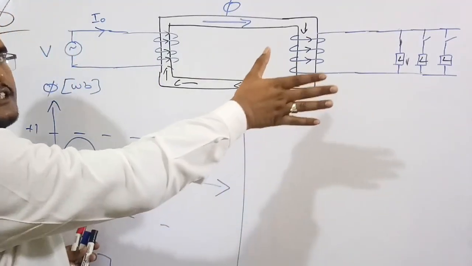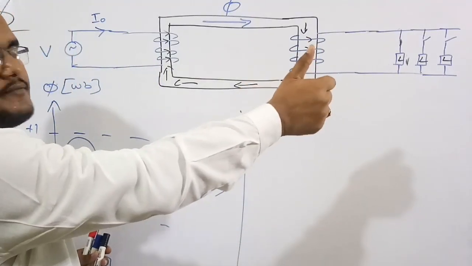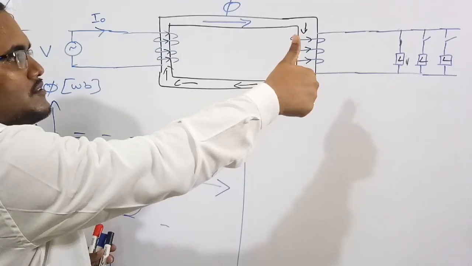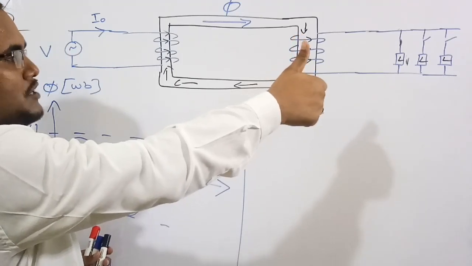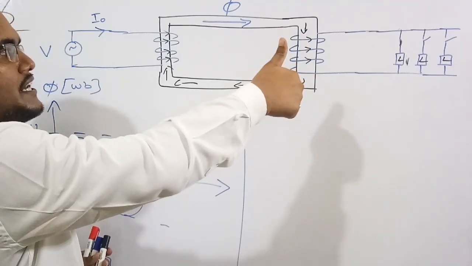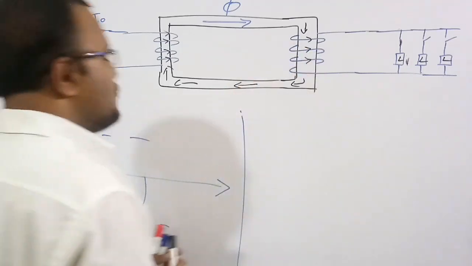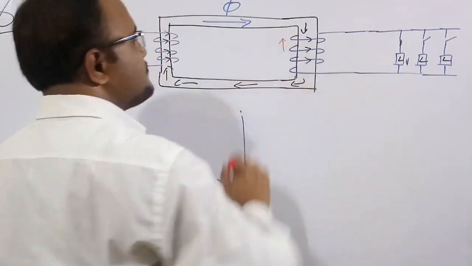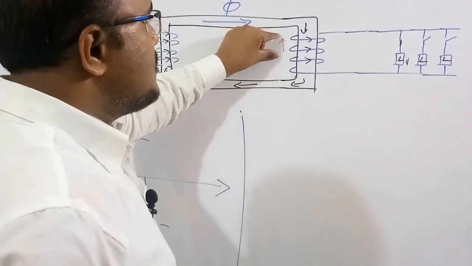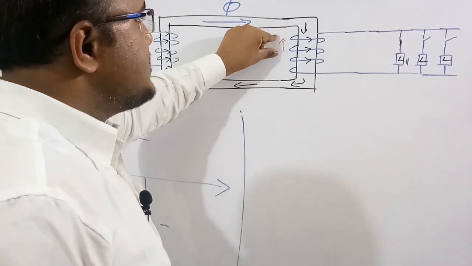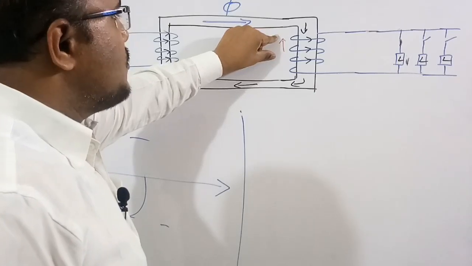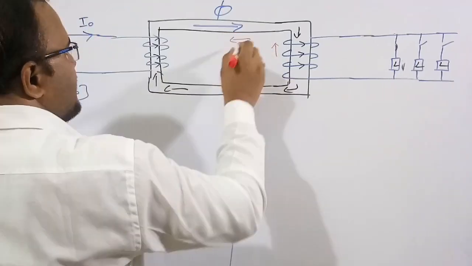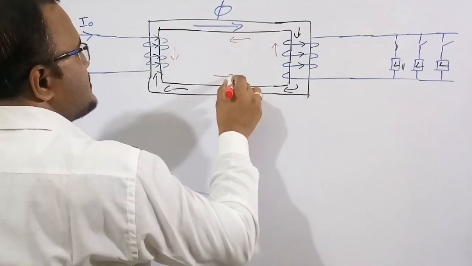Keep the fingers in the direction of the current, and the thumb indicates the direction of the flux. So the flux produced by this winding, let me assume this is the flux, with some direction and some magnitude. Let me assume this is a small flux going like this.